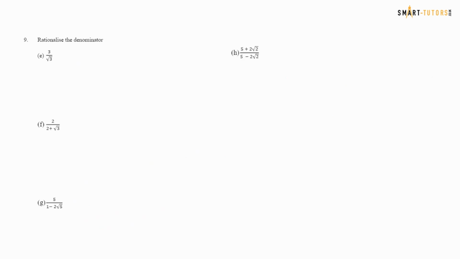8D. Question number 9. Rationalize the denominator. Same concept. We need to do the same thing but different numbers. So root 3 you need to times by root 3. So this is 3 root 3 over 3, and 3 and 3 cancel. The answer is root 3. Second one, times 2 minus root 3 and top one also times the same thing, 2 minus root 3. So you have to take the opposite sign. If there's a positive you need to take negative.